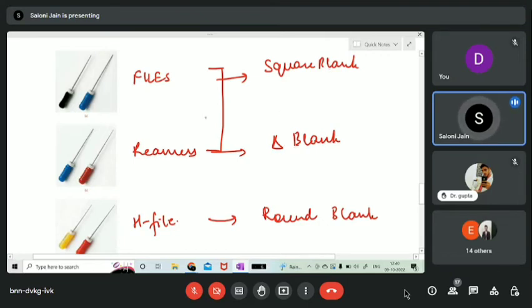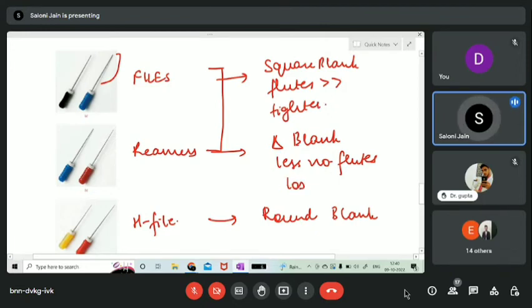Now if we talk about the number of flutes, files have got more flutes and reamers have got fewer flutes. A third difference is that there are tighter flutes in files and looser flutes in reamers.